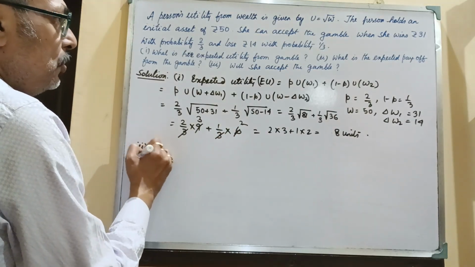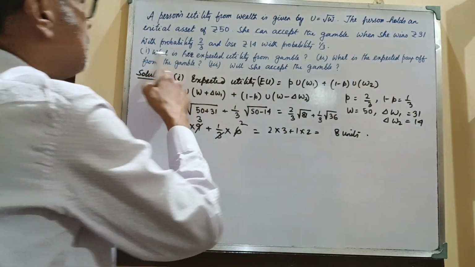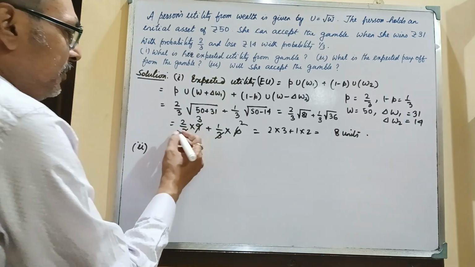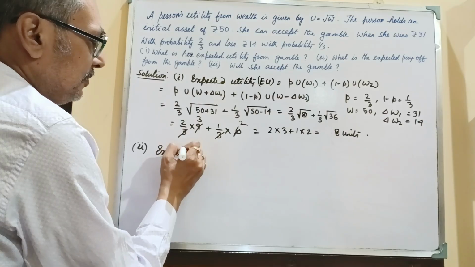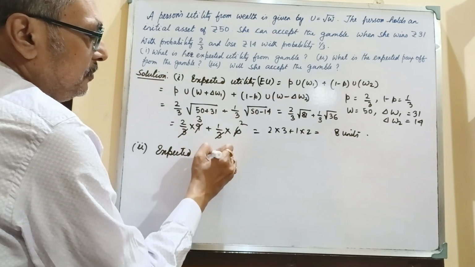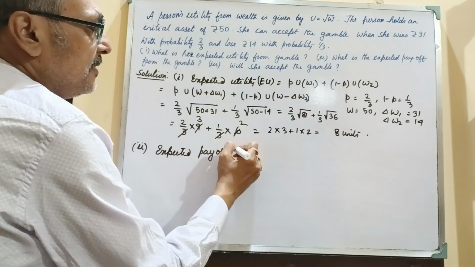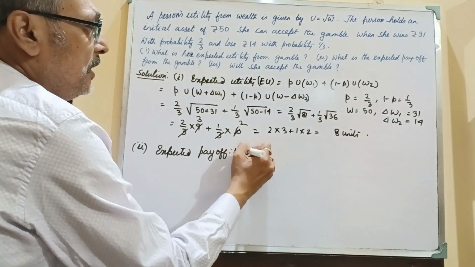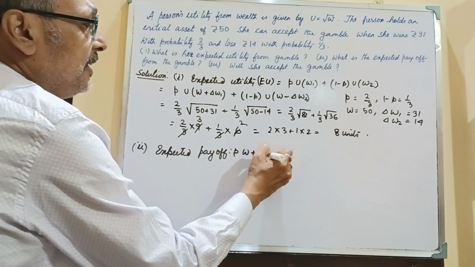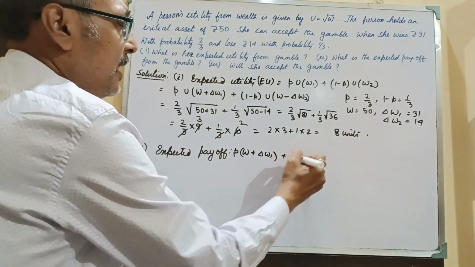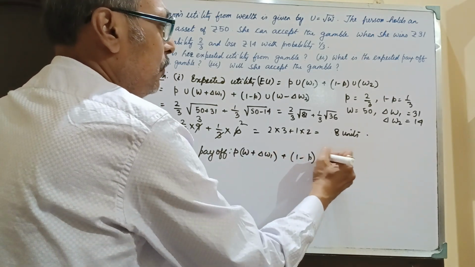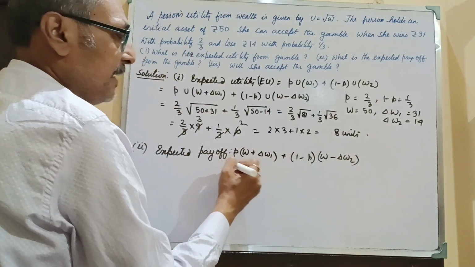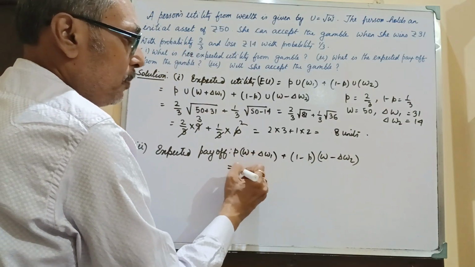Now part 2. What is the expected payoff from the gamble? Expected payoff is P into W plus delta W1, plus 1 minus P into W minus delta W2. P is 2 by 3.